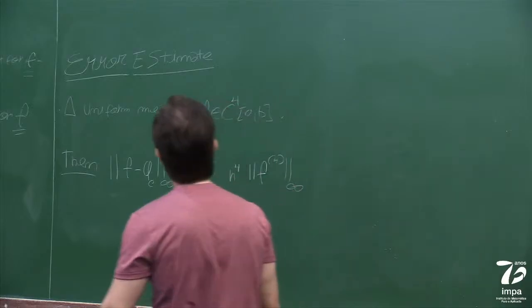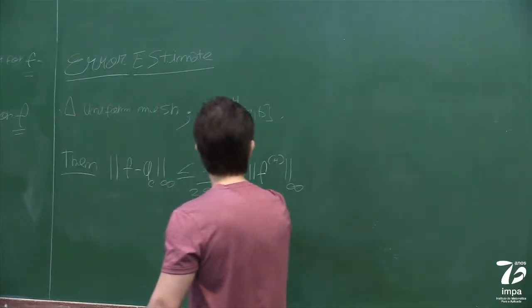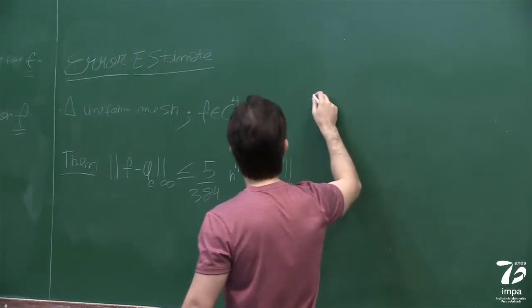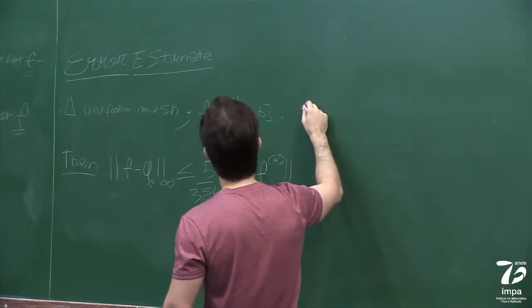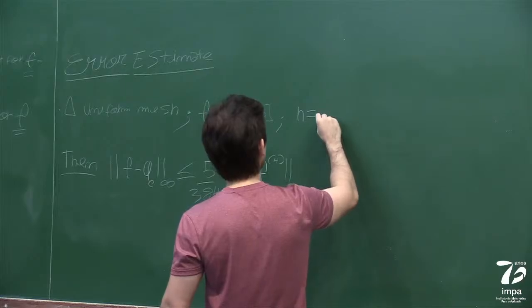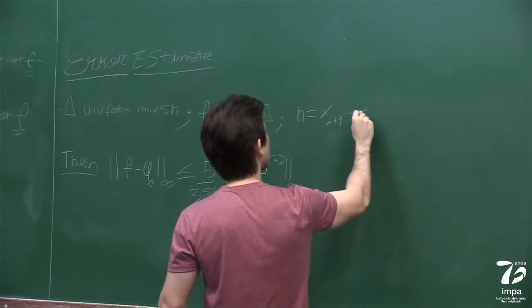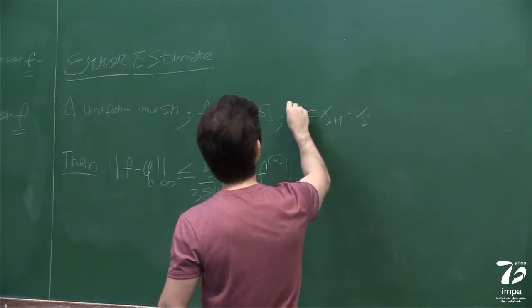This h is the size of the mesh, right? So h is x j plus 1 minus x j.